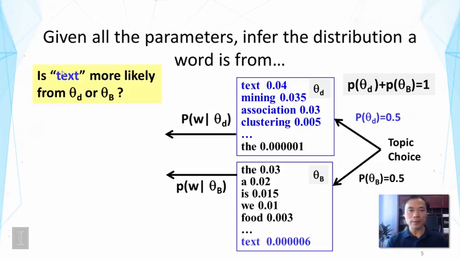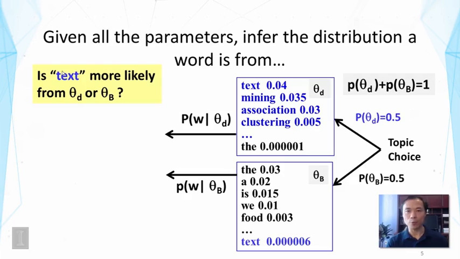And now let's consider a word like text. So the question is, do you think text is more likely having been generated from theta sub d or from theta sub b? So in other words, we want to infer which distribution has been used to generate this text. Now, this inference process is a typical Bayesian inference situation where we have some prior about these two distributions.